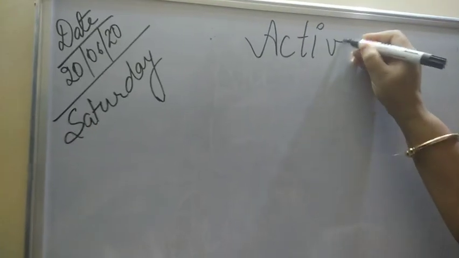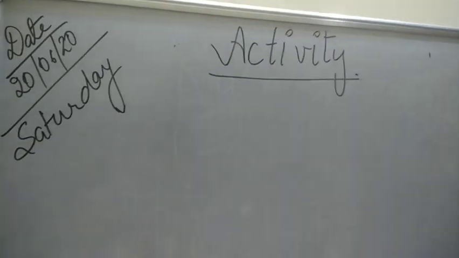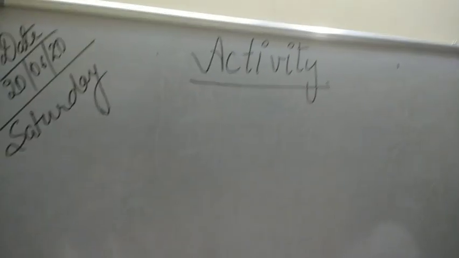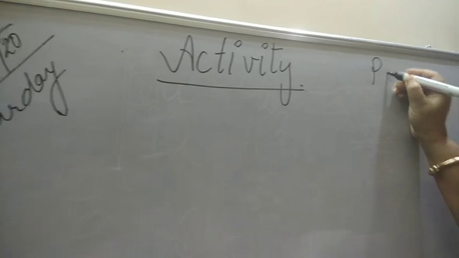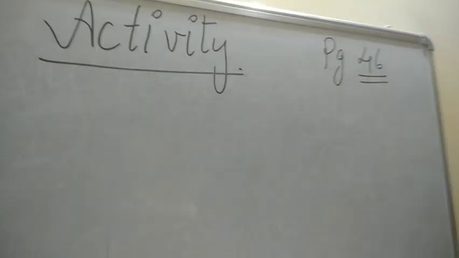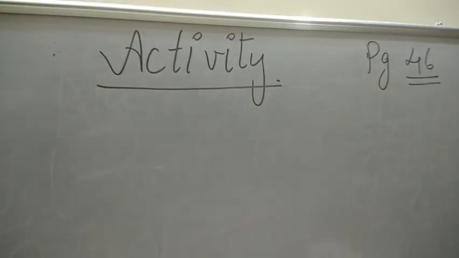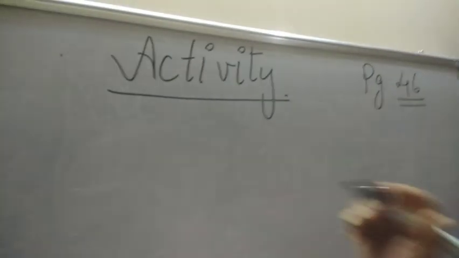Now I will be doing one activity, children, which I told you, the litmus paper test. This activity is on page number 46. How to write the activity, you should know. But just in general, I will tell you how to write the activity.